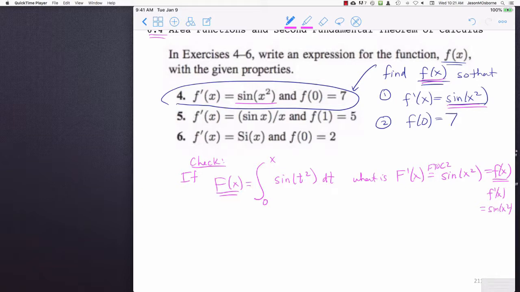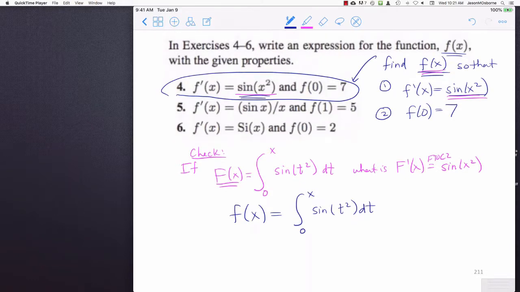So we have found a function that has a derivative of sine of x squared. Therefore, the function that you can take the derivative of to get sine of x squared is the integral from 0 to x of sine of t squared dt.